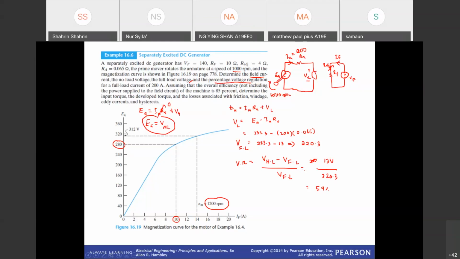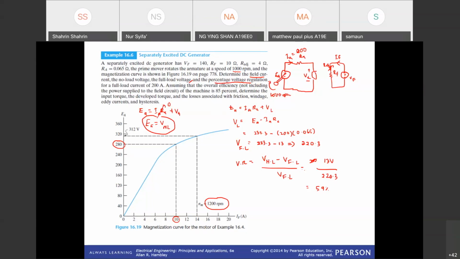Okay, so we have finished the voltage regulation. Any questions?